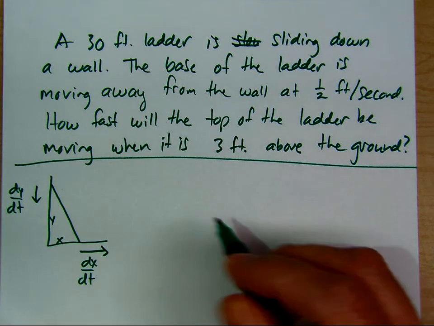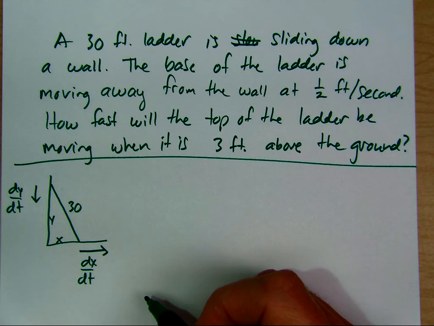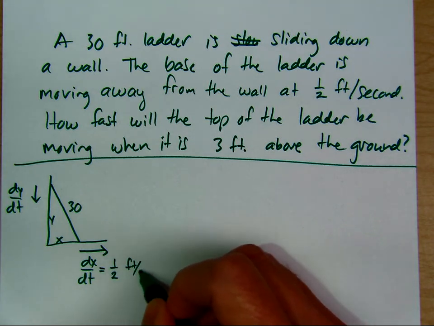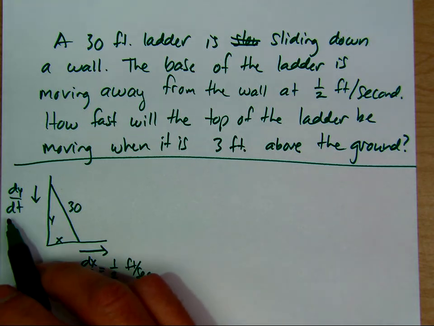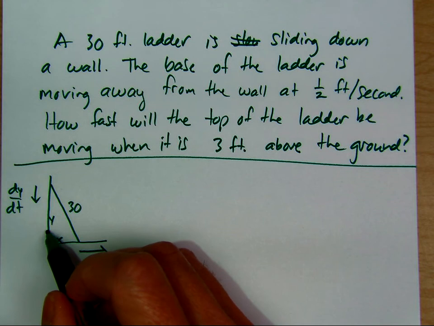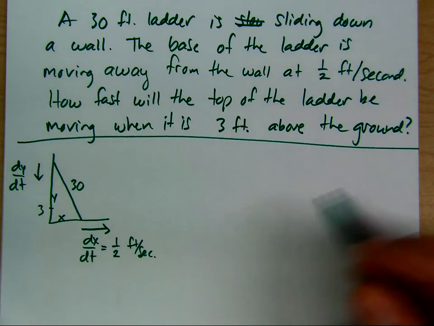We know that the length of the ladder is 30. And we know dx/dt is 1/2 foot per second. And we're going to find dy/dt when it's 3 feet above the ground. So let's organize all of that.